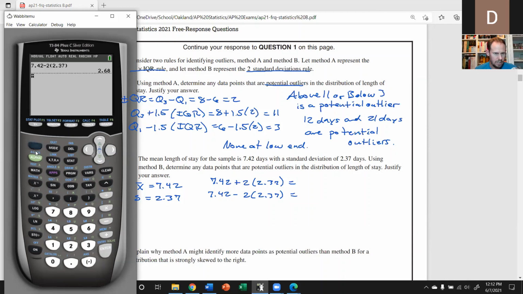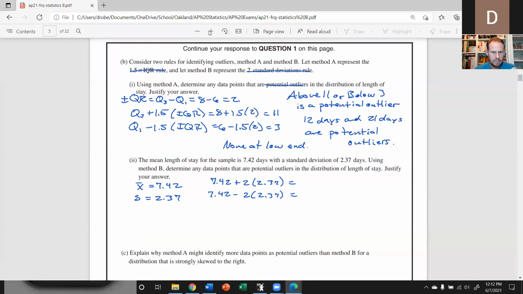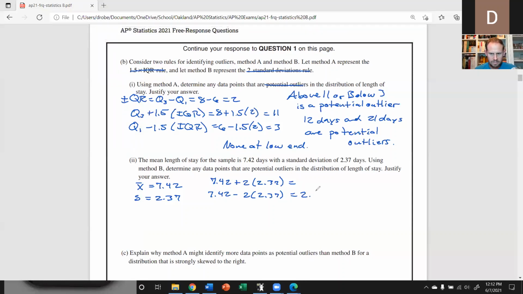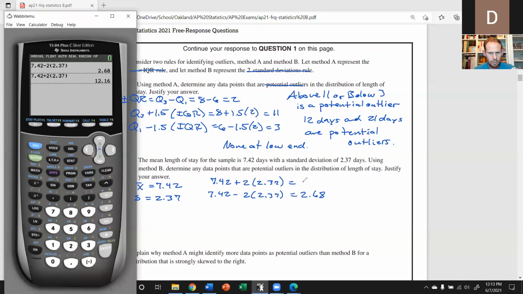And then we got the same thing with plus. Just gonna go back and change it to a plus sign. There we go. So we get 2.68. Oh, this is annoying. And yeah, there you go, 12.16.